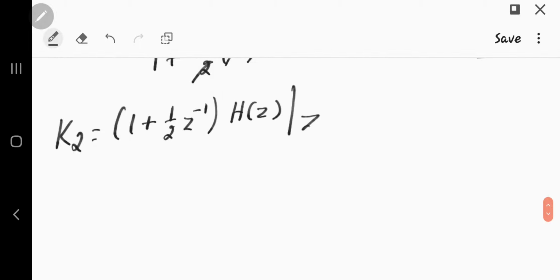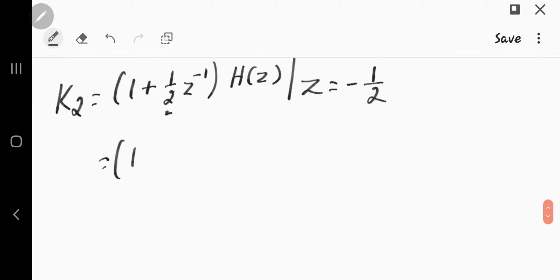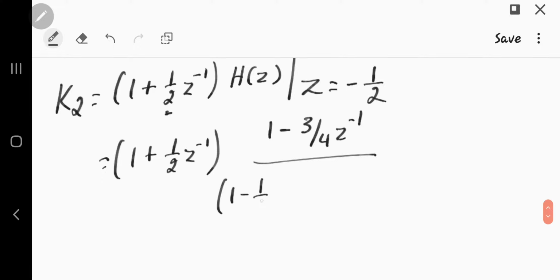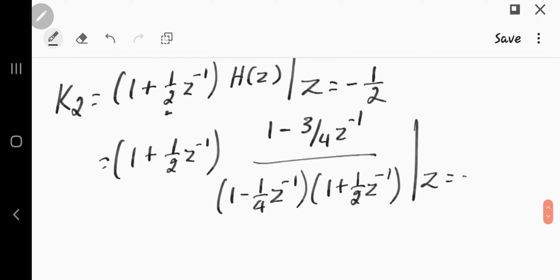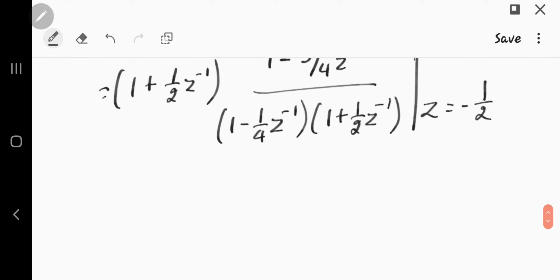Now k2, on the other hand, is 1 plus 1 by 2 z inverse into H of z, where z takes the value minus 1 by 2, because we have minus 1 by 2 in the place of the pole. Now substituting H of z here, 1 minus 3 by 4 z inverse divided by 1 minus 1 by 4 z inverse and 1 plus 1 by 2 z inverse, where z takes the value minus 1 by 2.